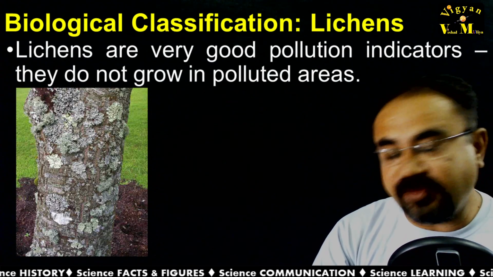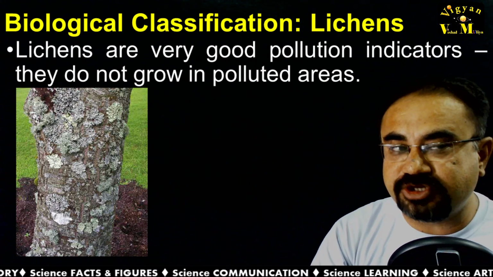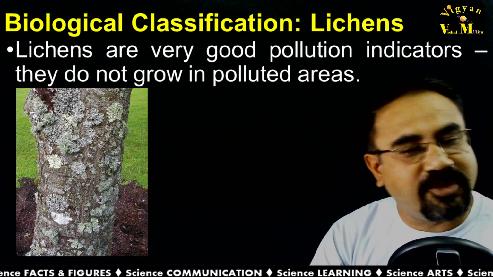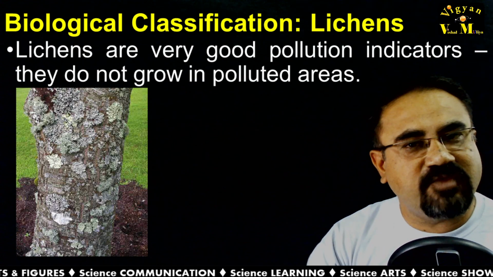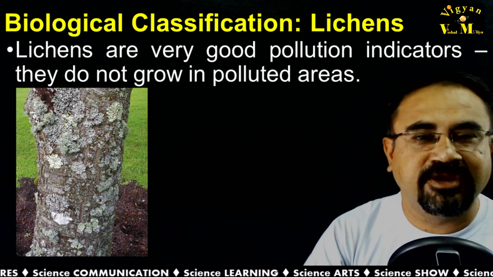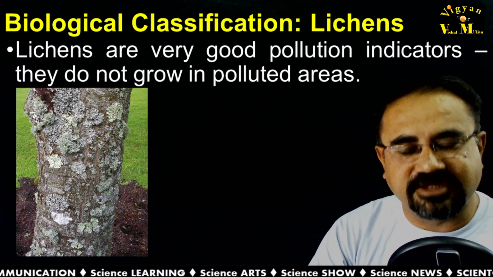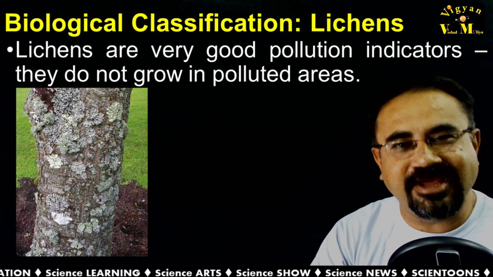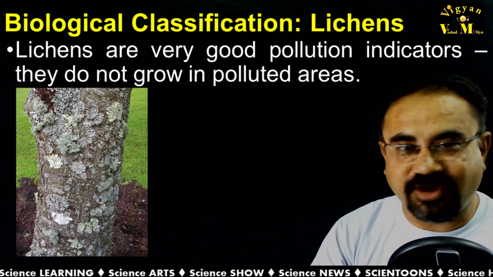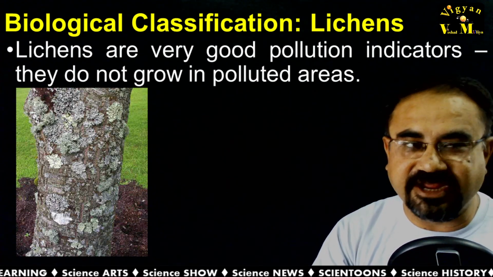Lichens are very good indicators of pollution because they don't grow in polluted areas. So they are found in those areas where pollution is less or absent. That means you can find them very well in forest areas, not in our city areas.